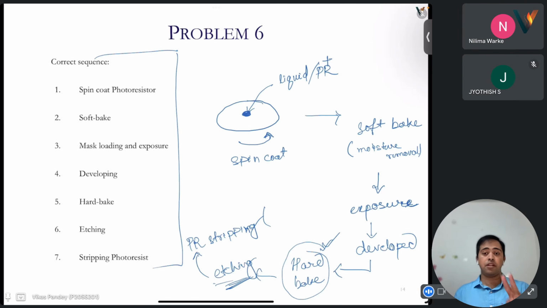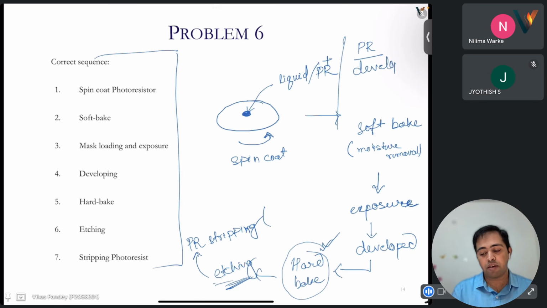Generally, either you can go for acetone or some photoresists even come with a specific stripping solution. Mostly there will be a combination of two or three things. When you are buying PR, always remember that along with that, you will have to buy the compatible developer and compatible stripper.